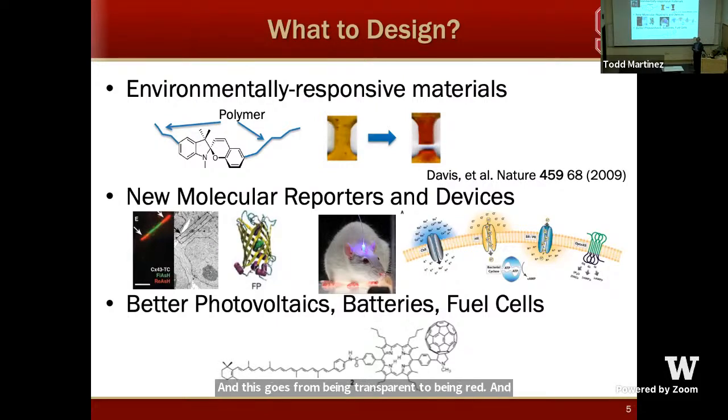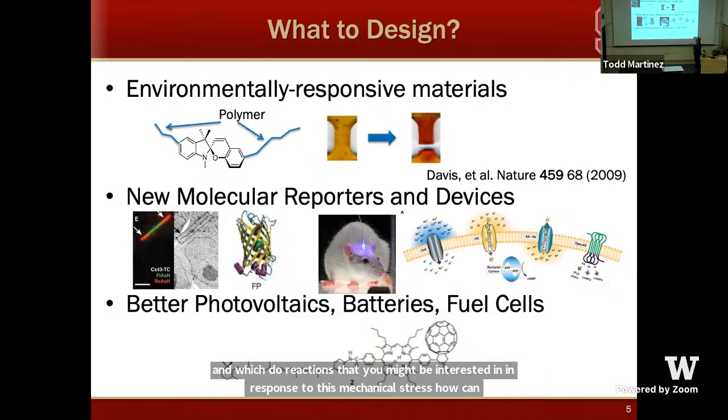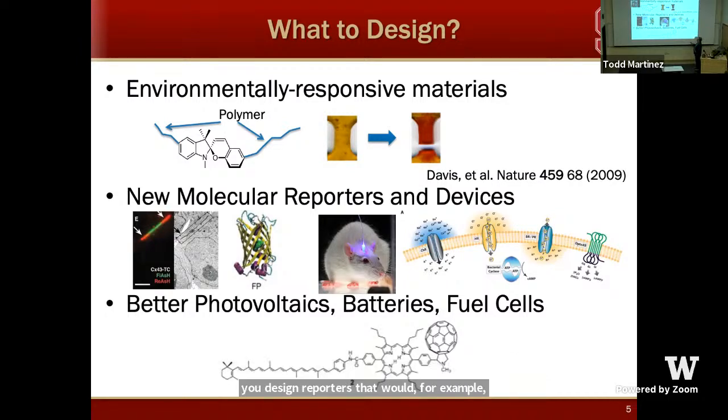So how would you make other molecules which are mechanosensitive and which do reactions that you might be interested in response to this mechanical stress? How can you design reporters, for example fluorescent proteins, that could be used in optogenetics or in bioimaging, that would be able to actually show via light, fluorescence, or absorption what is going on at the molecular scale in living things, in cells?